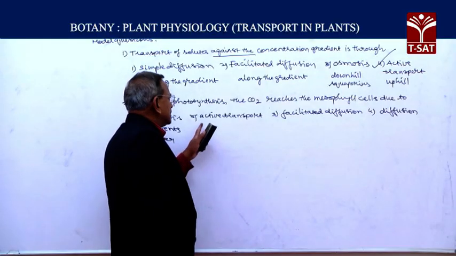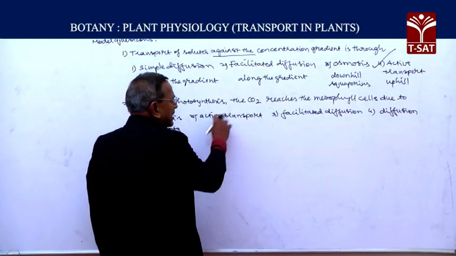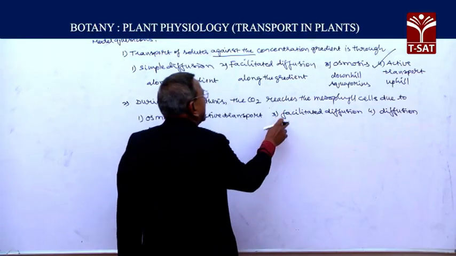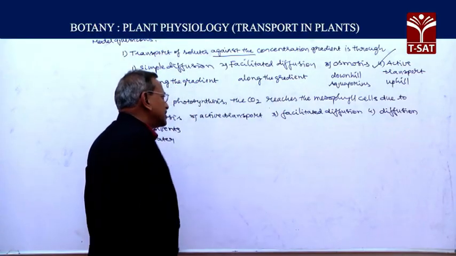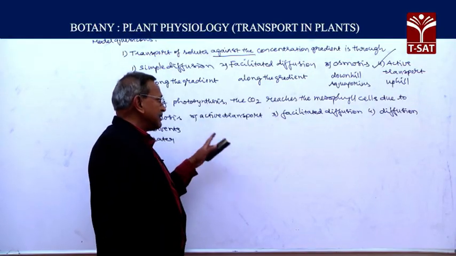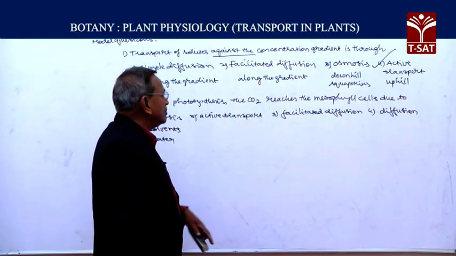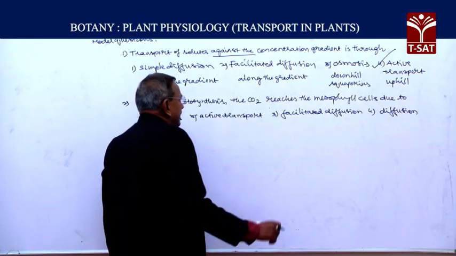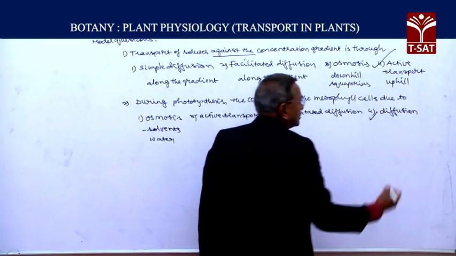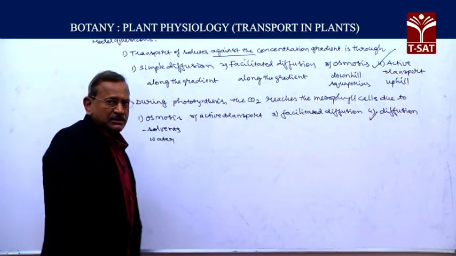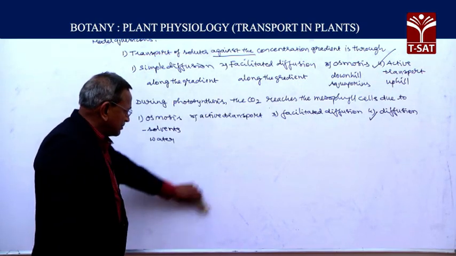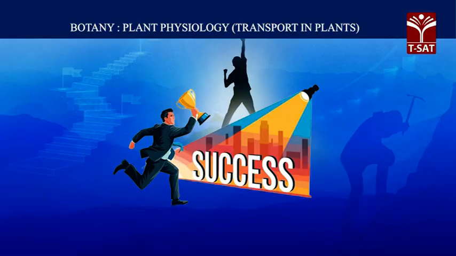So there is no uphill activity here. In facilitated diffusion, carrier proteins are involved in both the second and third options, and different solutes are transported, and gaseous movement inside the plant body is only through simple diffusion. So the fourth option is the best one.